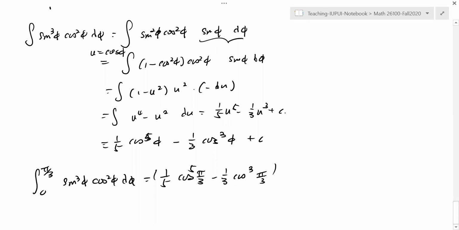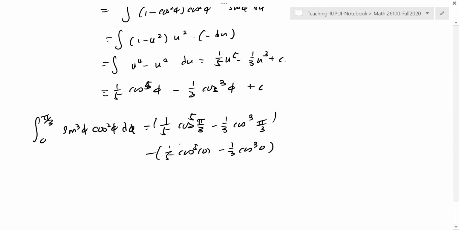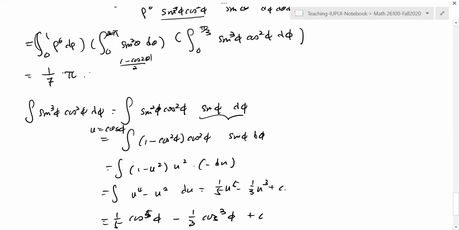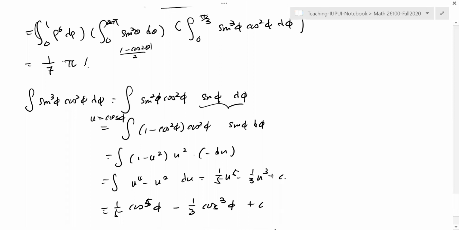Okay, that's the first part. The second part will be cosine 0. And cosine pi over 3 is 1/2. I'm not able to simplify right now. It takes too much time. So this is the answer. And then you put it here. You get this part.